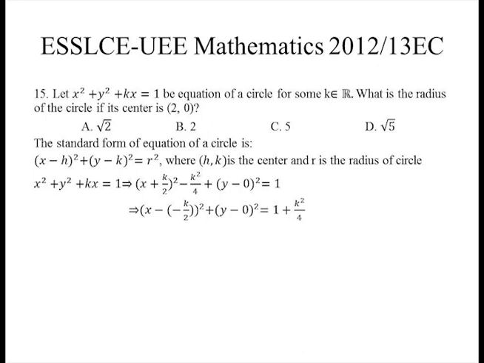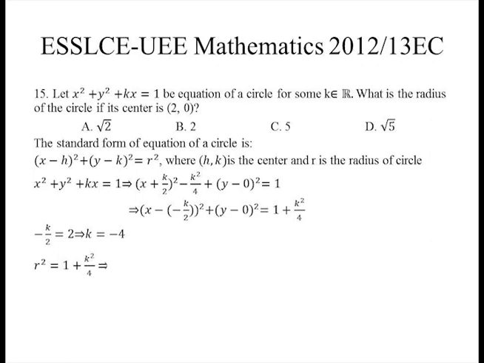And the center of the circle is given as (2, 0), thus negative k over 2 is equal to 2. This implies k is equal to negative 4. We found in the above equation that r squared is equal to 1 plus k squared over 4.